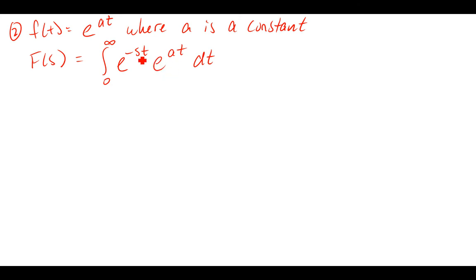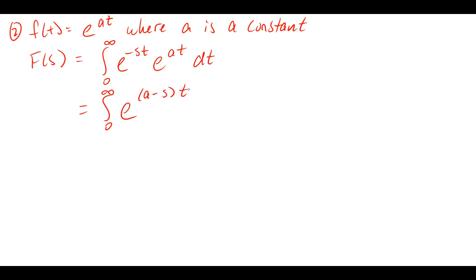I can't pull this s out in front like we did in one of the examples, because s is a constant, but st is not. So let me do a little reorganizing here and put these together. You could write this either way, negative s minus a, or whatever makes the most sense to you. I'll go with a minus s t.